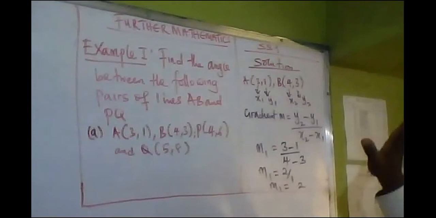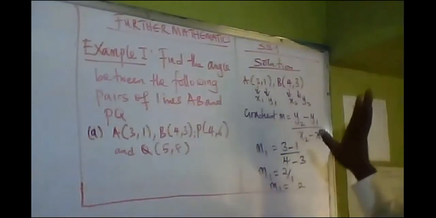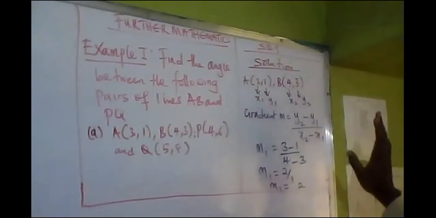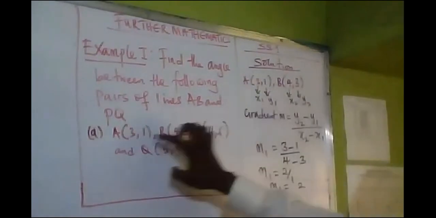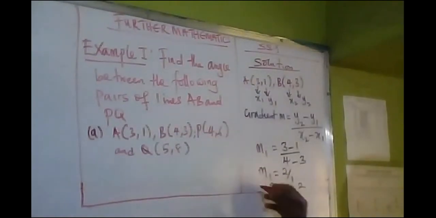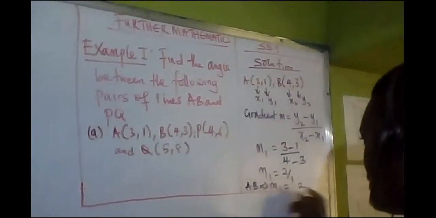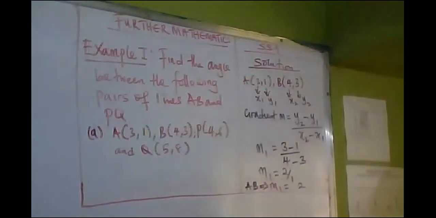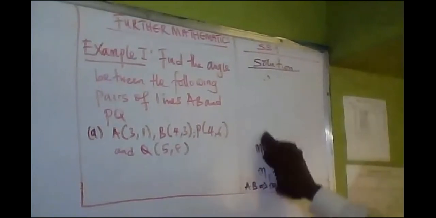That is for m1. Please go through this quickly: m equals y2 minus y1 all over x2 minus x1. That is how to get the gradient. We are going to get two gradients. This is the first gradient, for AB. Now I'm going to get the gradient of the second line.